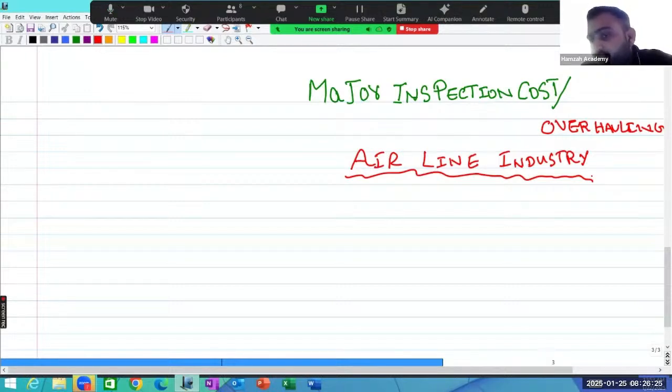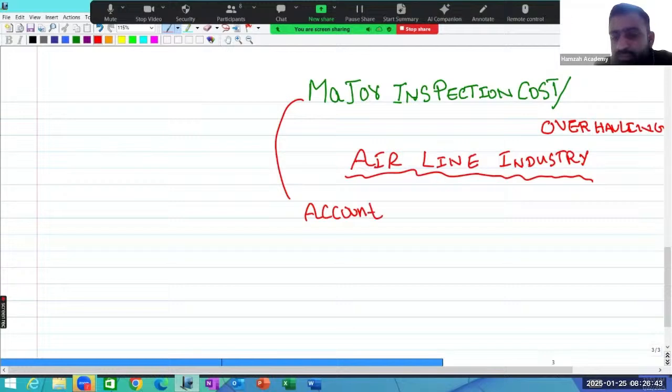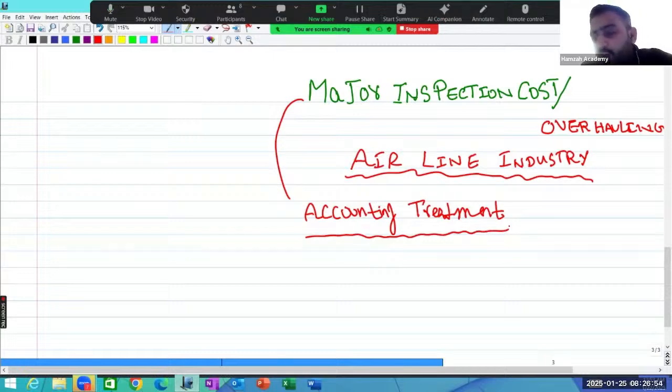That activity is known as inspection activity or overhauling activity. And obviously, this activity involves a major cost. Now the question is, what is the accounting treatment of this overhauling or major inspection?